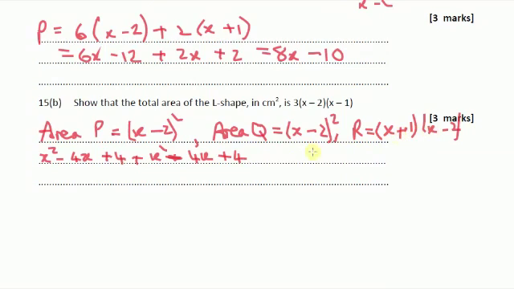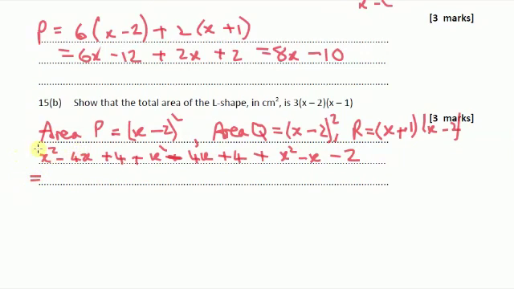And then R is going to be x times x is x squared. And minus 2x plus 1x is minus x. And 1 times minus 2 is minus 2.